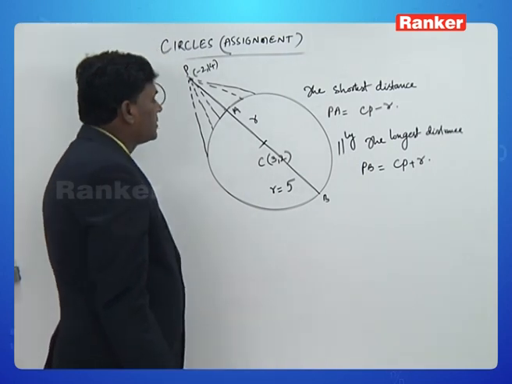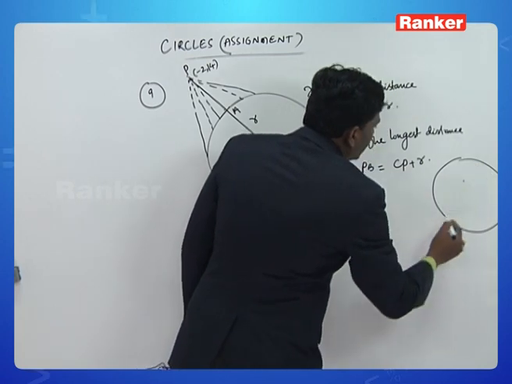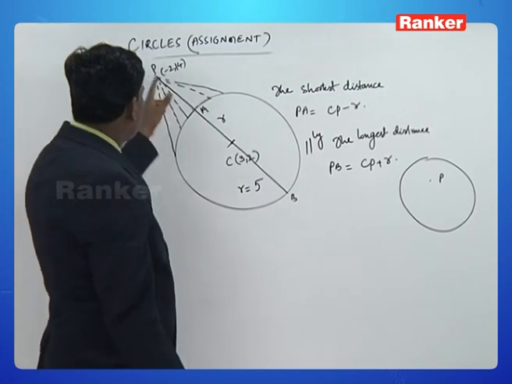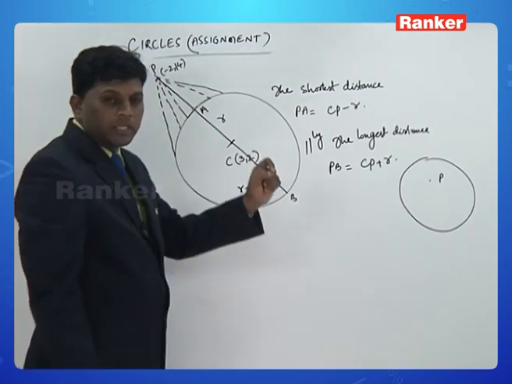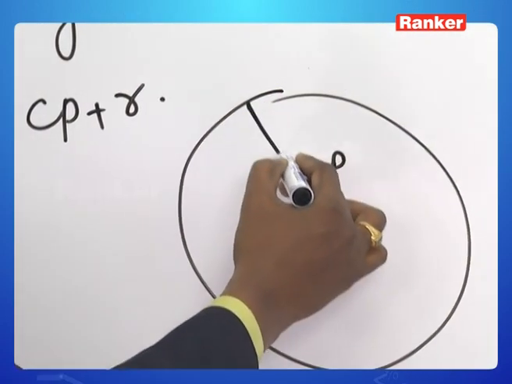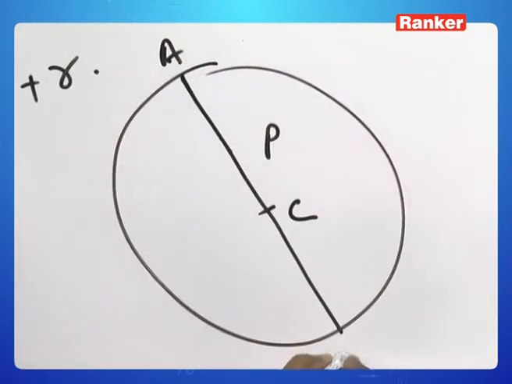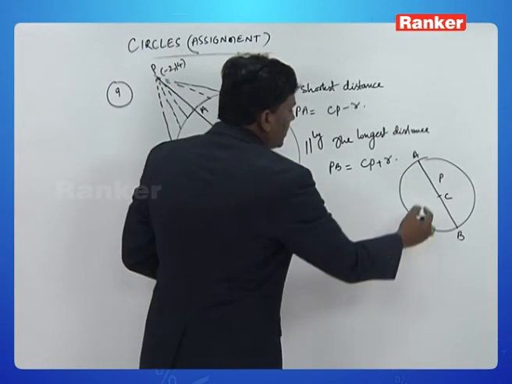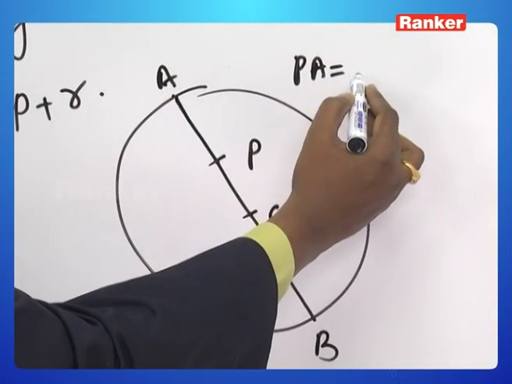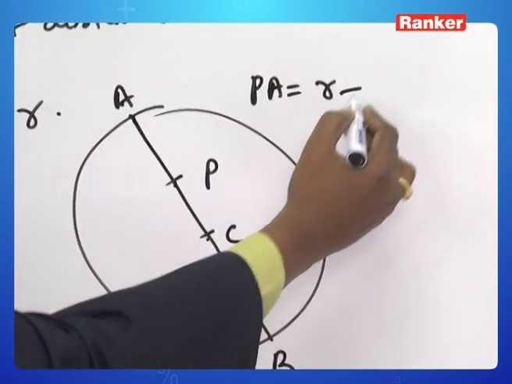And one more thing, in this case we have taken the point external. Suppose the point given is internal, and we draw the diameter passing through this point, with center C, and A and B on the circle, then the shortest distance PA will be equal to the radius minus CP.